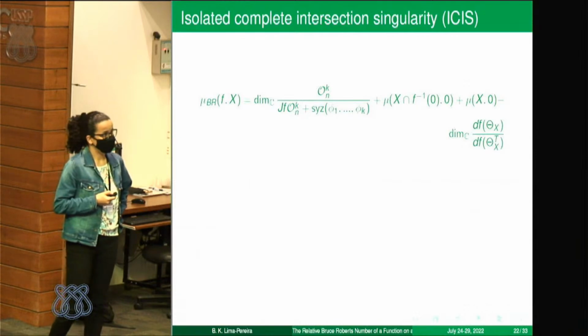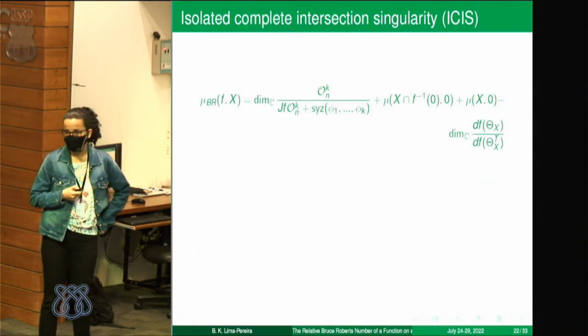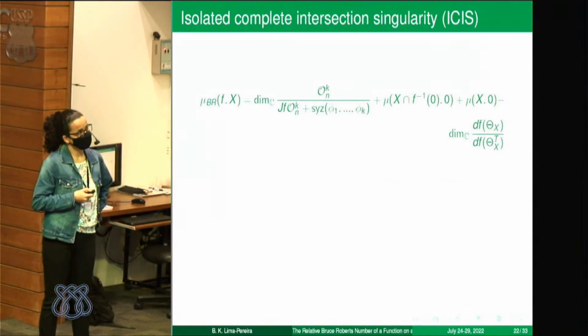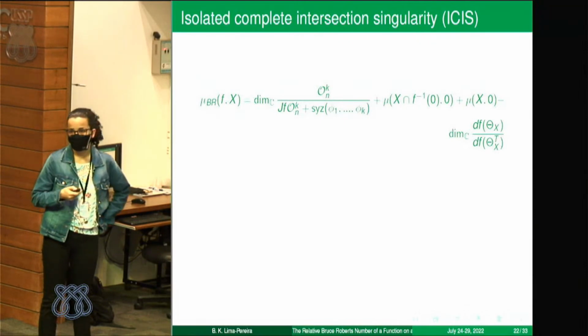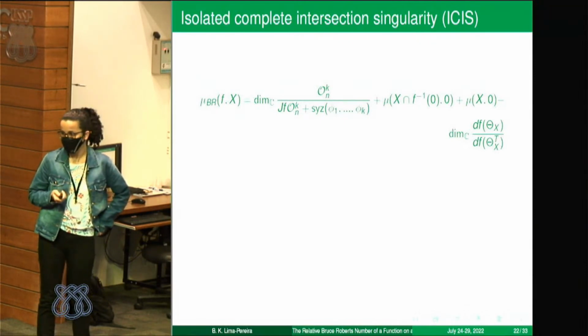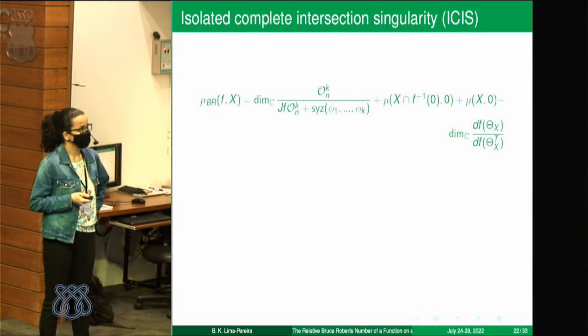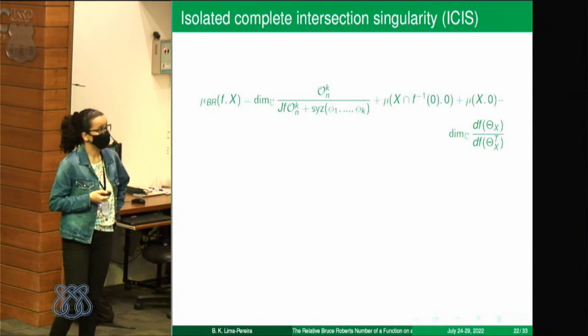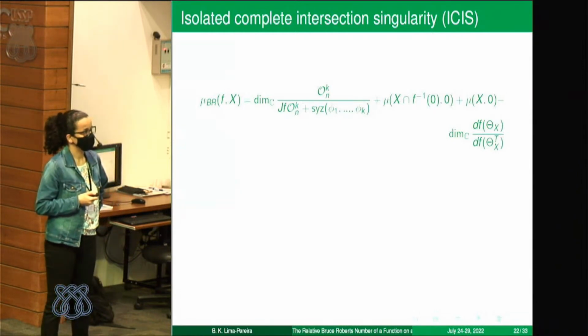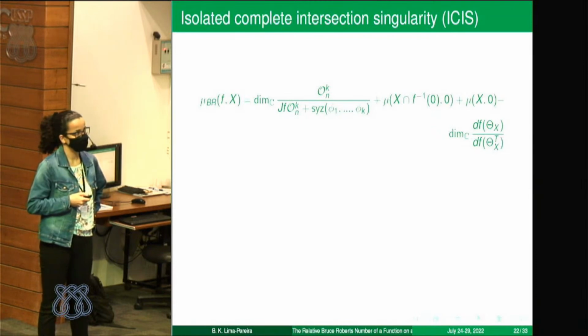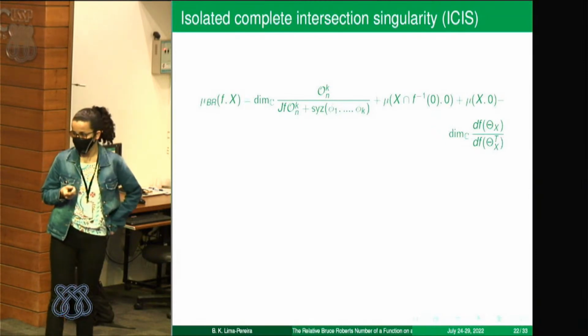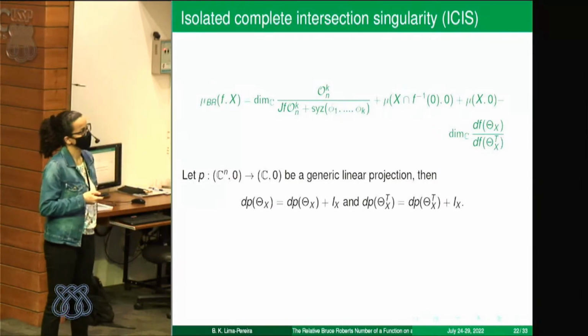Well, when X is an isolated hypersurface singularity, we know that this dimension is equal to the Tjurina number of X, okay? And here we also have this equality. So we want to prove that this dimension as a C vector space is equal to the Tjurina number of the ICIS, okay?